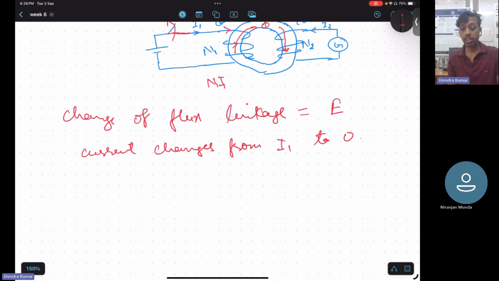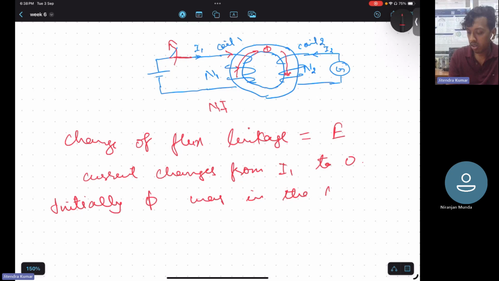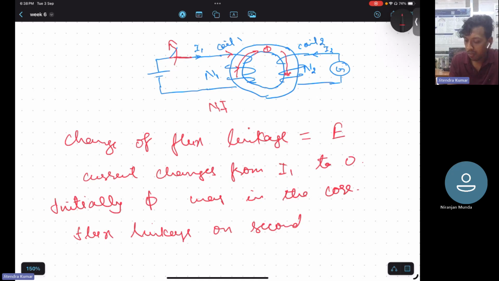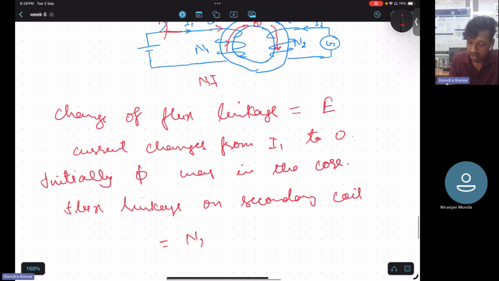Let us suppose that when the switch was connected, the flux phi was flowing in the core. So how much will be the flux linkage on the secondary side? Phi is flux, so flux linkage is multiplied with the number of turns, isn't it? N2 into phi.